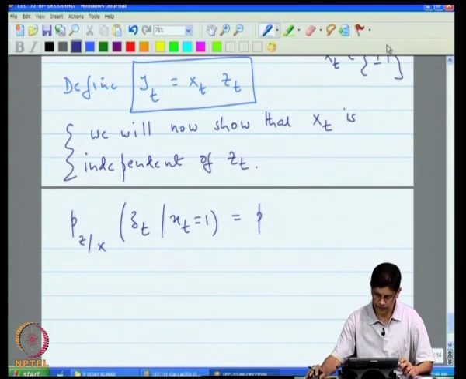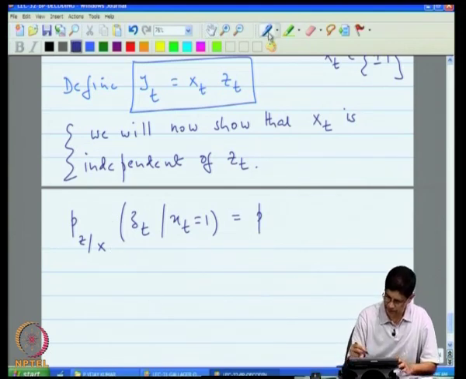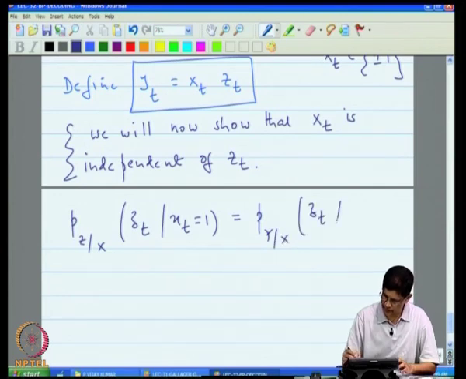Now, the probability when xt is equal to 1 of z being equal to zt is the same as the probability y equal to zt given xt equal to 1. Okay. So, we will write that as P of y given x of zt given xt is equal to 1.